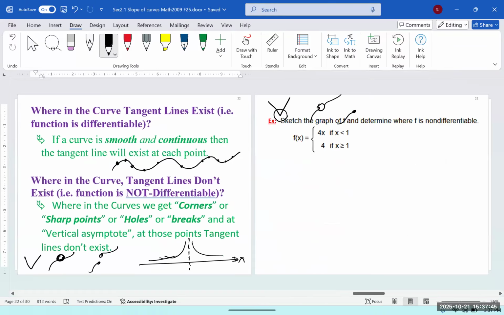Now, based on that, can you figure out where this graph cannot have a derivative? Sketch the graph and then find why it's non-differentiable, meaning why it cannot have the derivative. Let me take the attendance and you try figuring it out.